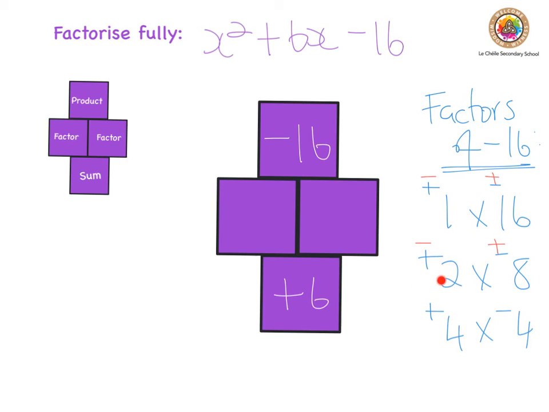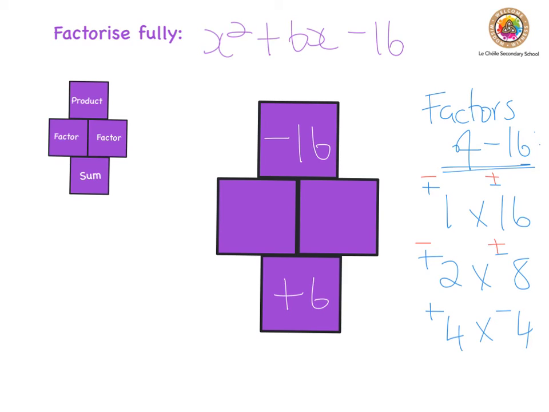Here, if I have plus 2 minus 8, that would give me minus 6, wouldn't it? But if I had minus 2 plus 8, well, different sign, subtract, 8 take away 2, and keeping the sign of the bigger number, that would give me plus 6.